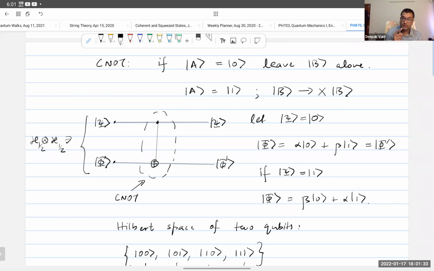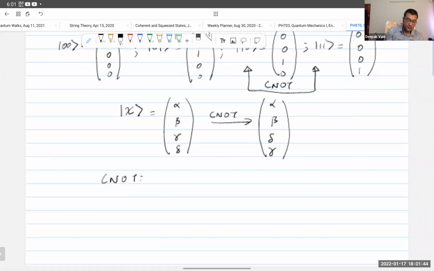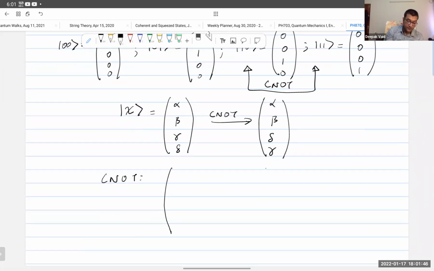This is very important to remember. You cannot disentangle the effect of the gate on either psi or on phi. And so if I write this as a matrix, it takes the following form. Right? And it's very easy to read off what is happening.